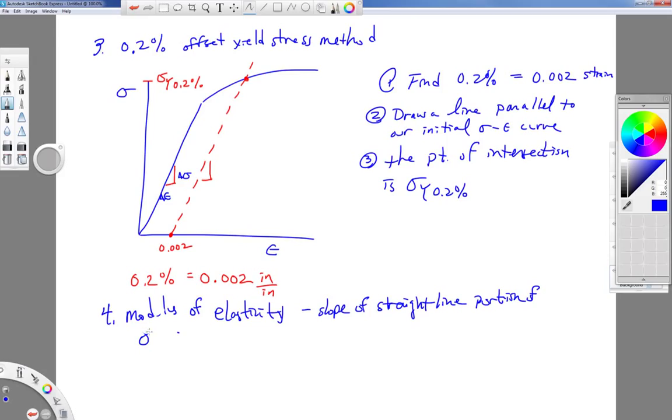Okay, it's the slope of the straight line portion of our stress strain diagram. The symbol that we're going to use for the modulus of elasticity is E. So it's the rise over the run. But we need to note this is only for stress levels that are less than our proportional limit stress. So we have to be in that range below the proportional limit.